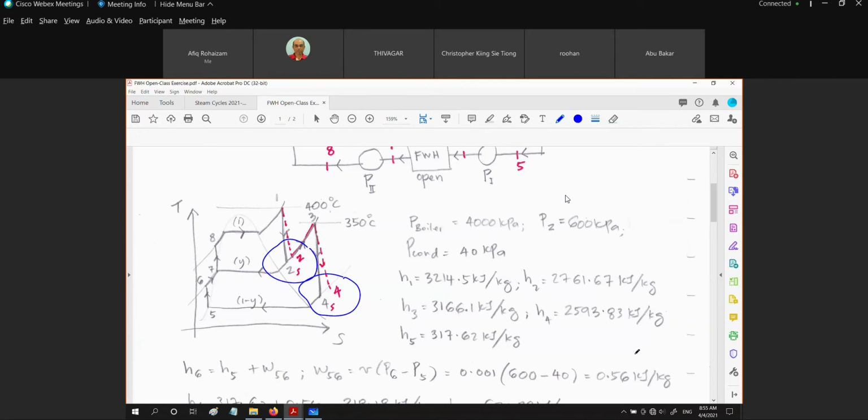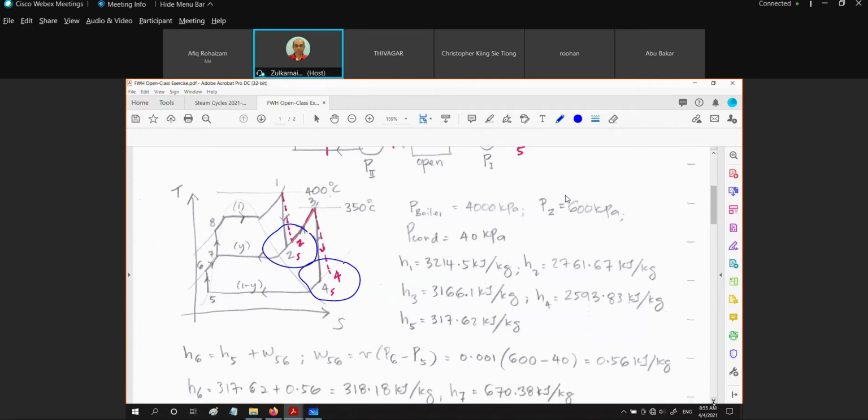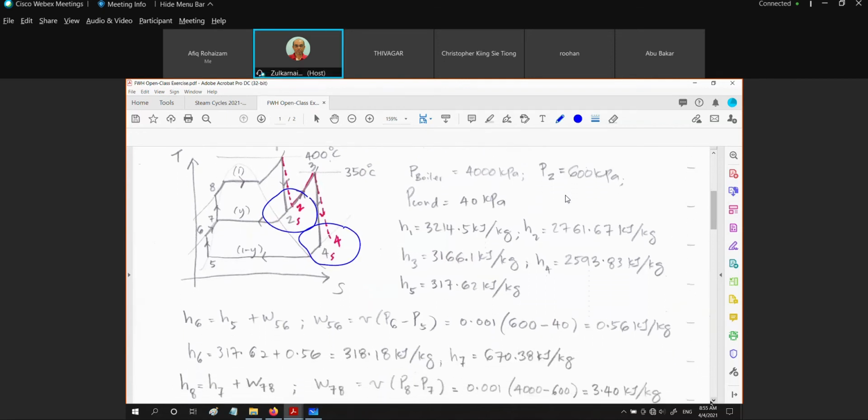Now you see how to determine the H6. When you determine the H6, don't take the Y into account. In this case, it's not 1 minus Y for H6. You just get the value of 5, 6. Don't take into account the 1 minus Y. So this is how you get your H6.